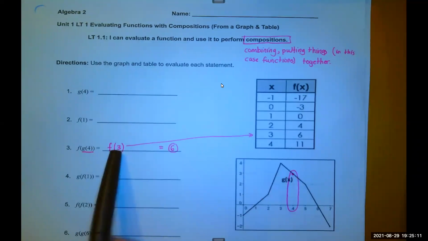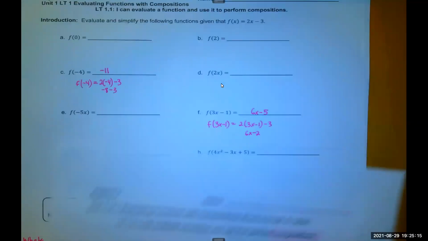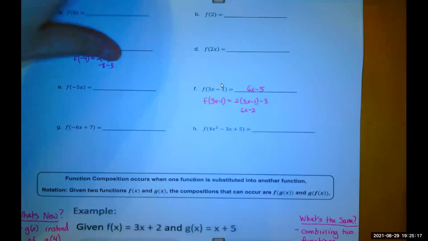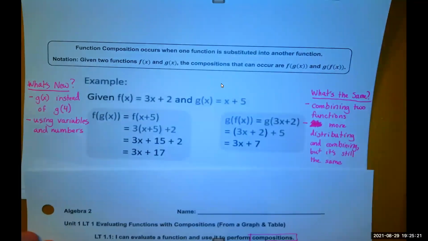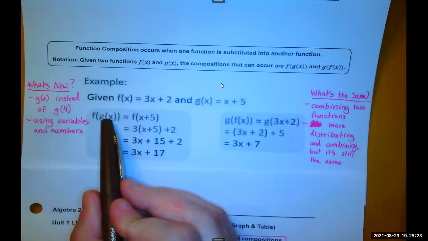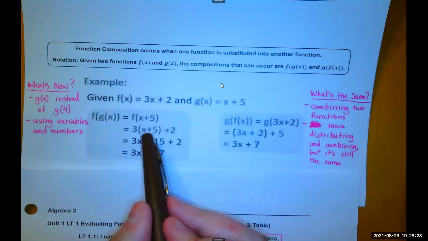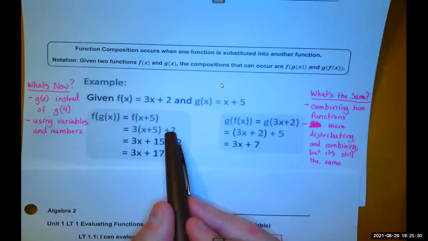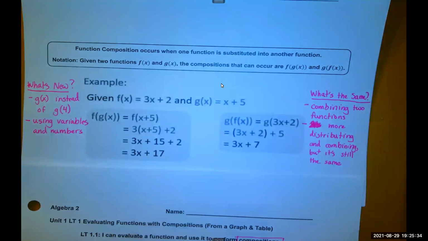Once we know that's 3, we use the table to get f of 3, which is 6. That's no different than what we were doing with our practice here, except for instead of having a nice number here, we have to use variables. And because we have to use variables, we get a final simplified answer that's not a single number.